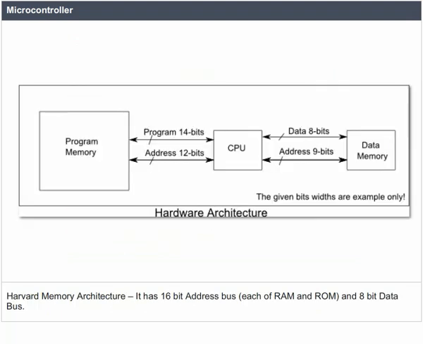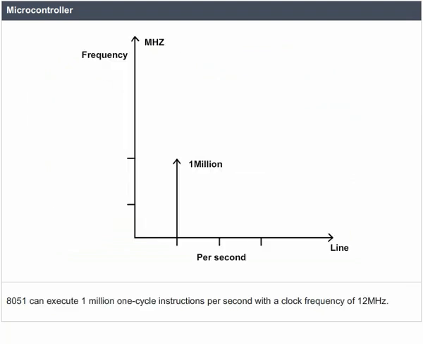Harvard memory architecture. It has 16-bit address bus, each of RAM and ROM, and 8-bit data bus. 8051 can execute 1 million one-cycle instructions per second with a clock frequency of 12 MHz.